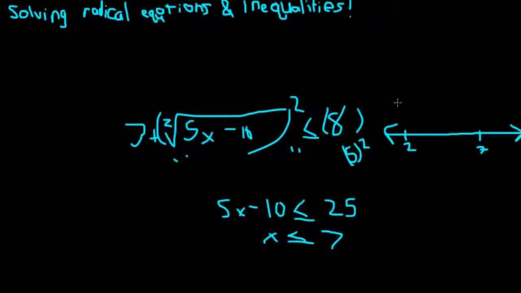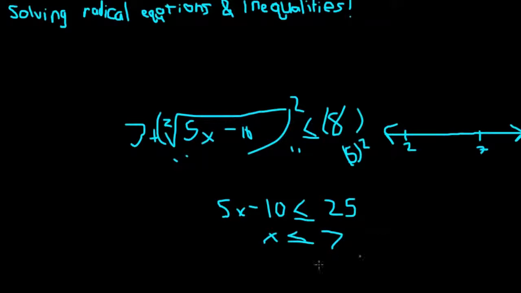So now we have these 3 areas. There's one here, one here, and one here. We're going to test a number in each of these ranges. You can pick anything under 2 here, anything in between 2 and 7 here, and anything above 7 here.